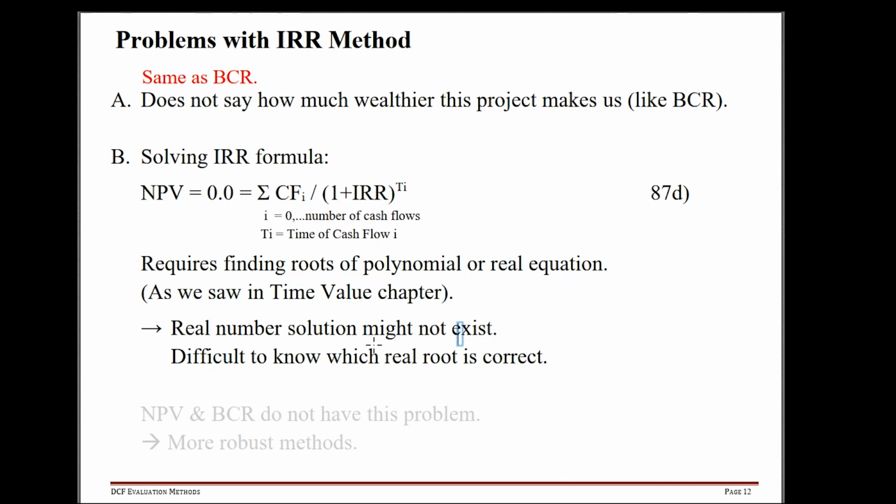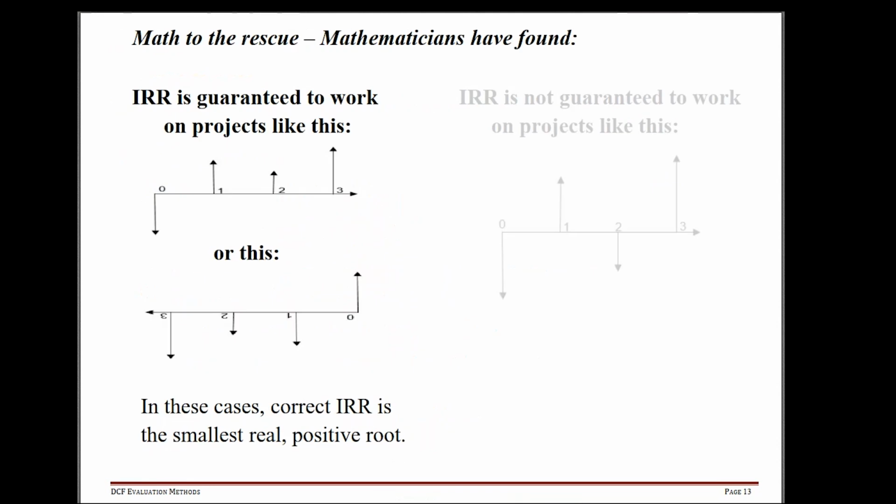And as I showed in the lecture, for complicated examples, we might have a complex number solution for the roots, and we might get a bunch of roots, and we don't know which one is correct. And neither NPV nor BCR have this problem. So quants in finance would say these are more robust methods than the IRR method. However, we have some good news here. Math to the rescue.